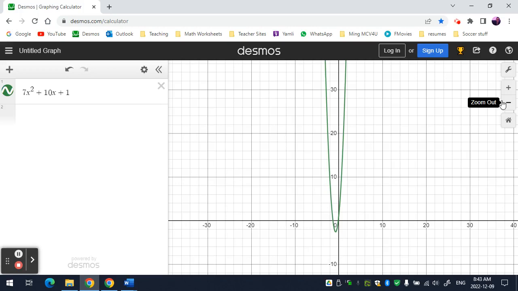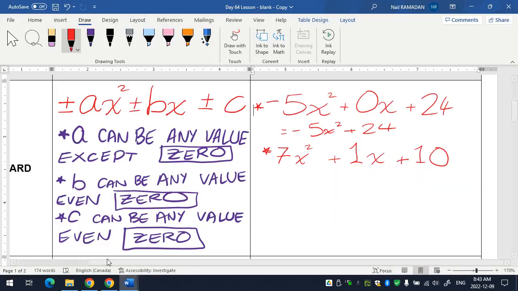That green thing. Does it look like a parabola? Yes, it opens up. That's it. It's basically this. Look, I can't bend it anymore, otherwise it would break. But it kind of follows the same shape. Okay, so 7x squared plus 10x plus 1.